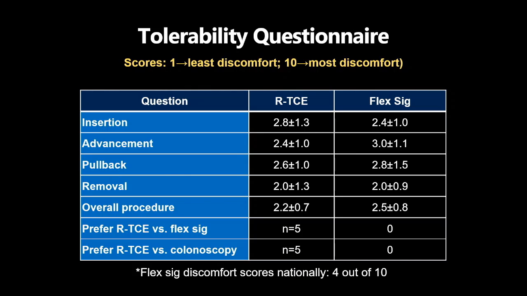We had overall a tolerability score of 2.2, where 1 is they don't feel anything, and 10 is it's very uncomfortable, and 2.2 is a pretty low score. And nationally, the sigmoidoscopy scores are around 4 out of 10. So we're pretty happy that patients really don't feel the device at all, which is great.